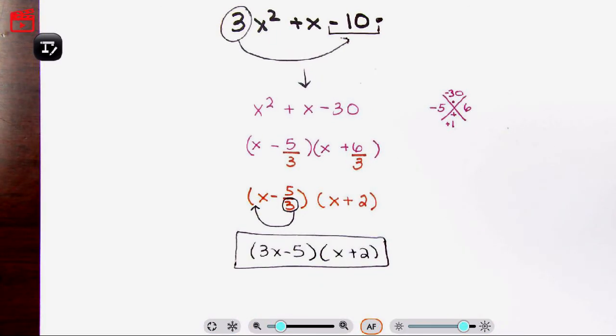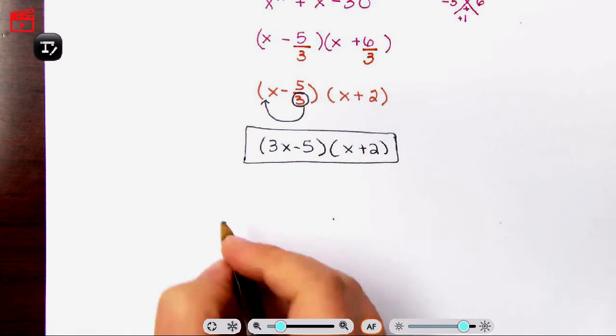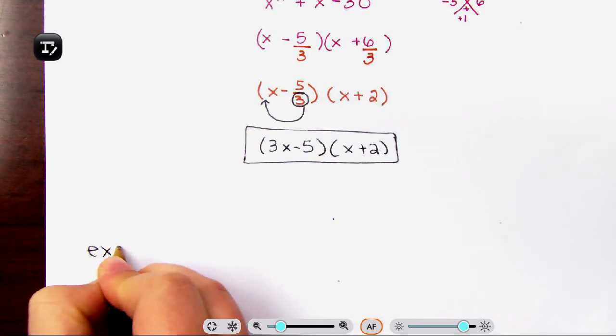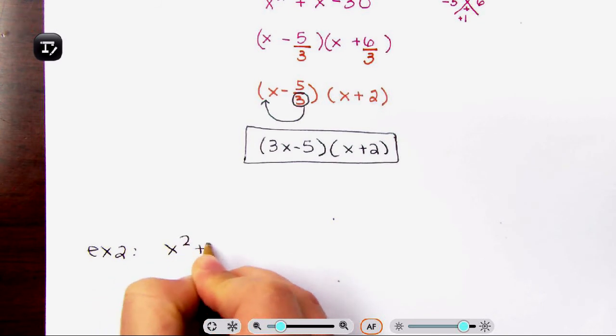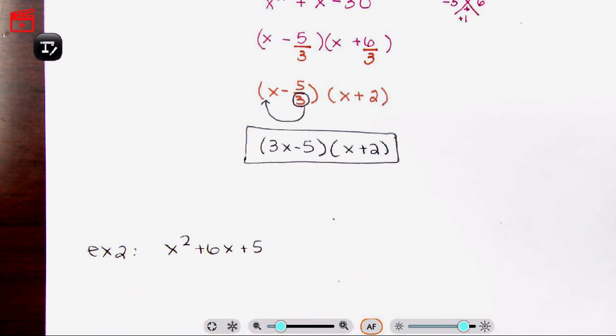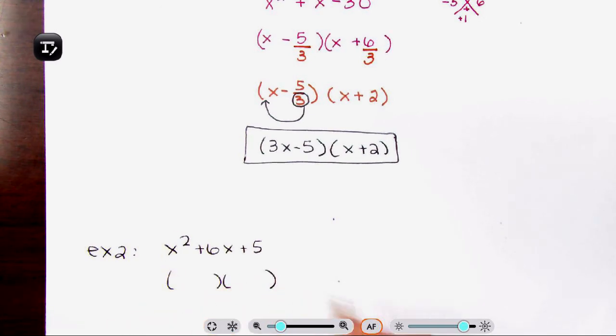Let's do another example. Again, this works if it doesn't have a coefficient out in front. So let's do one that doesn't have a coefficient out in front. If it doesn't have a coefficient out in front, it's super duper simple in that you just do the guess and check method for reverse FOIL, because you know your x's don't have a coefficient out in front.